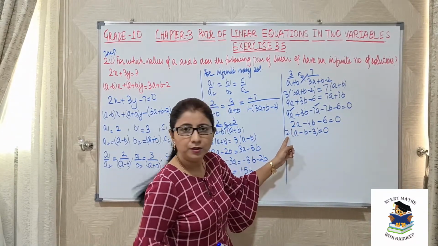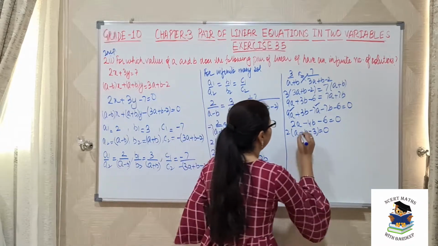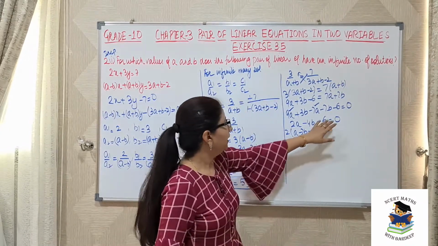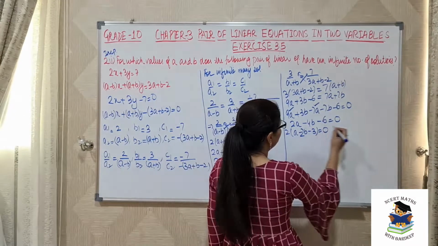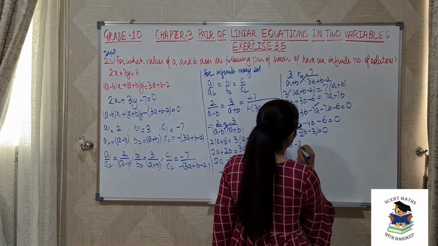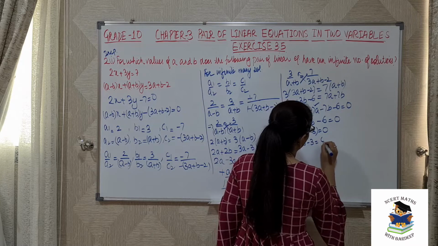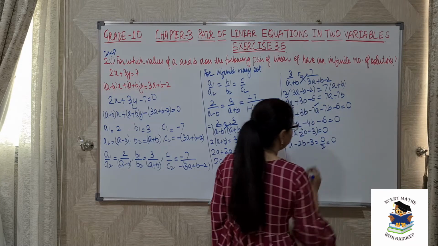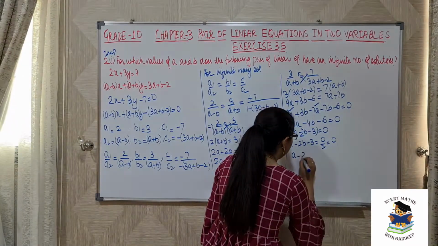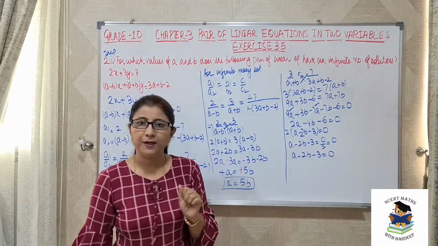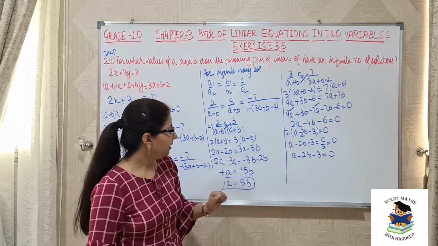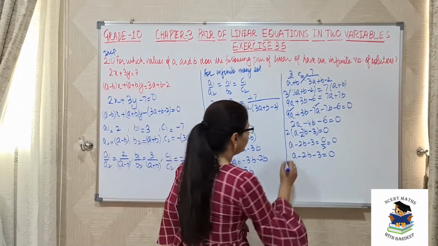So for 4, 2 is already out, so this should be minus 2b. And for 6, we will be left with 3 only. So this 2 will shift to the other side and this will become 0 again. 0 by 2 is 0. So our second equation is this thing, that is a minus 2b minus 3 equals to 0. So this is our second equation.